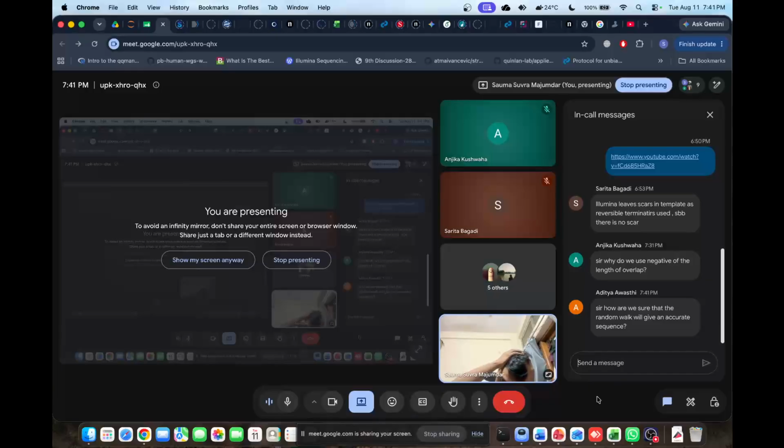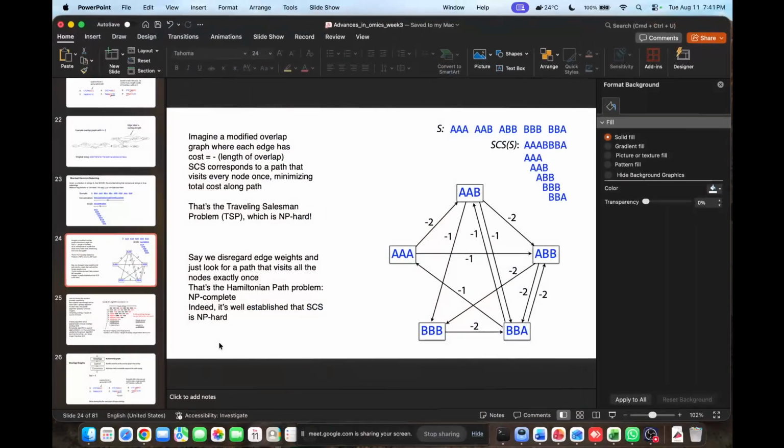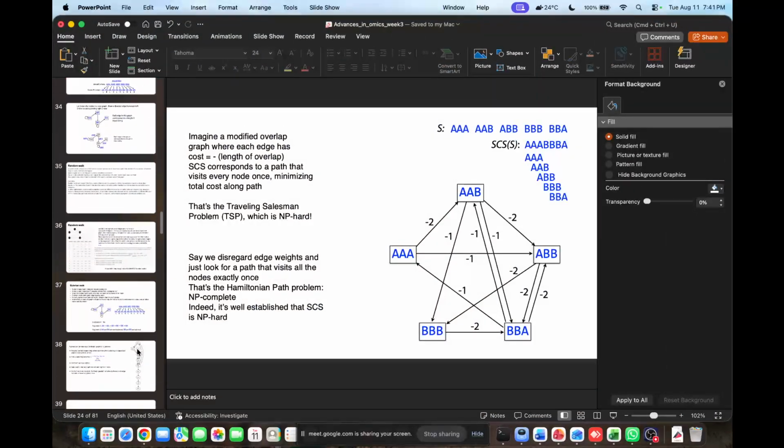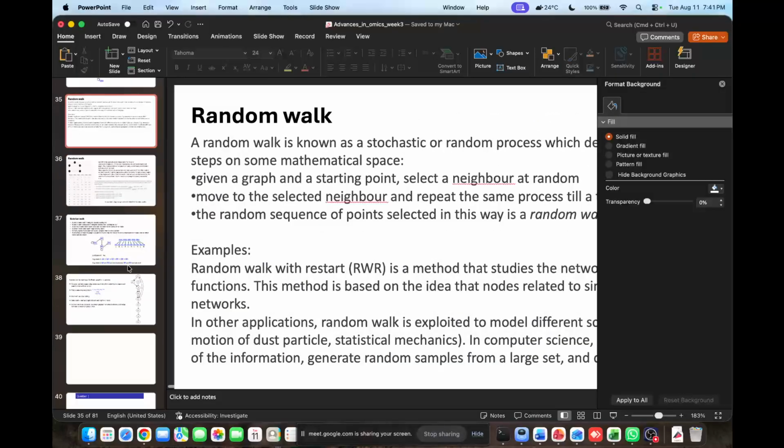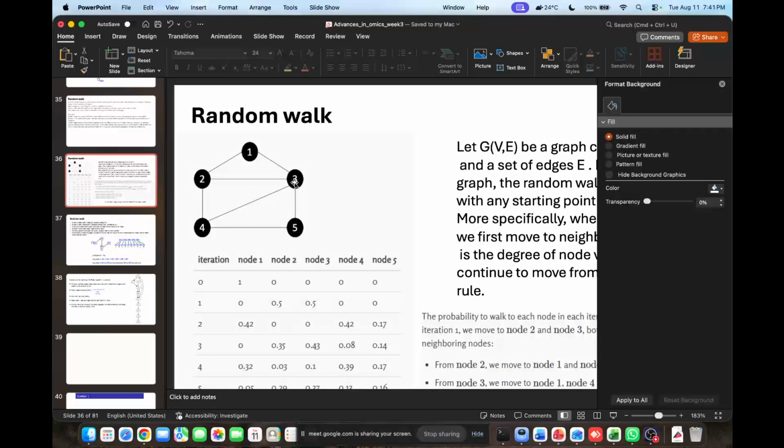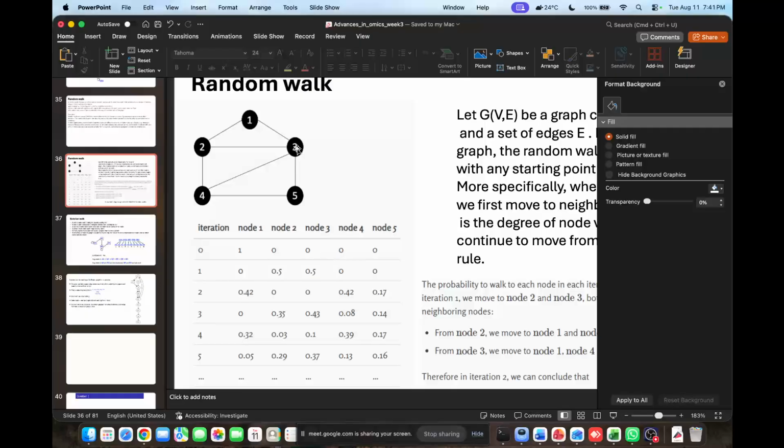So you can prove it mathematically. For random walk, the idea is that you go to a node and you calculate the probability of moving from this node to other nodes. In the first iteration, you're in node 1. In the next iteration, there's a 50% chance you can move to node 2, 50% chance you can move to node 3, right? And from node 3 you have 4 options you can move, and so on and so forth.